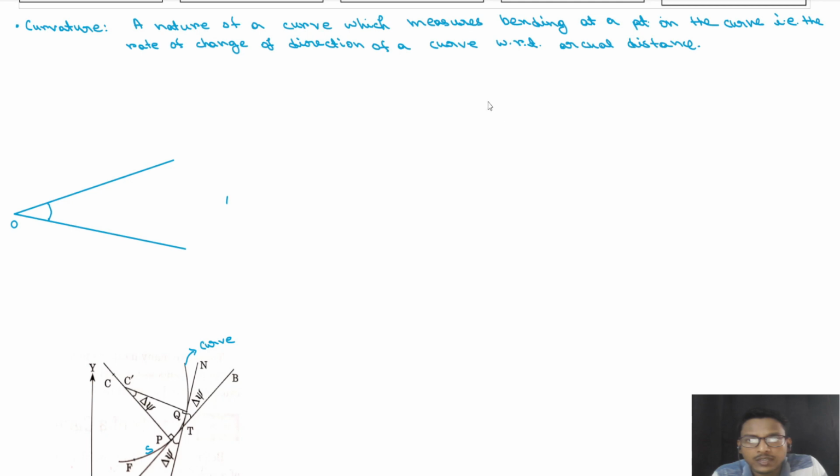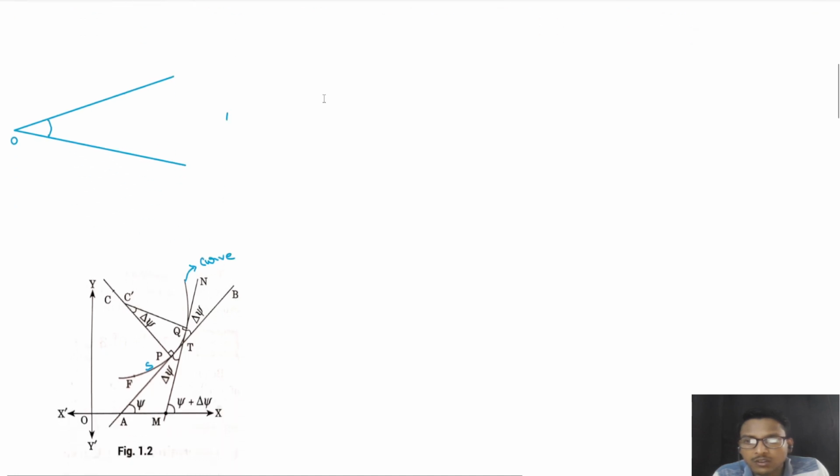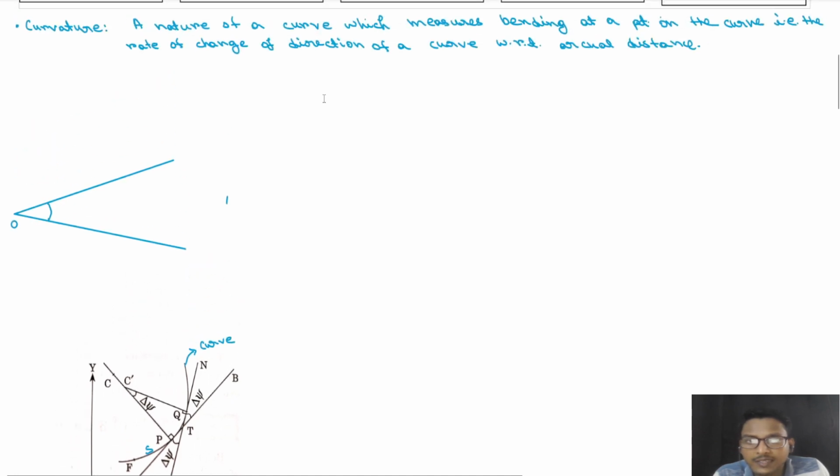So before going into the analytical expression of how to find the curvature of a curve, let us give a brief discussion over what we mean by bending and how to measure it.